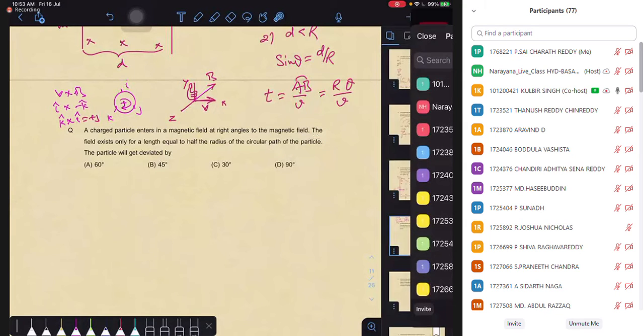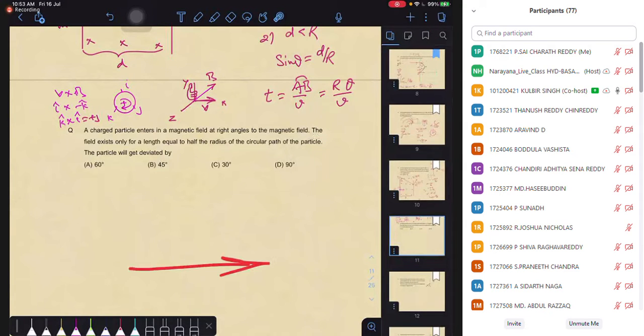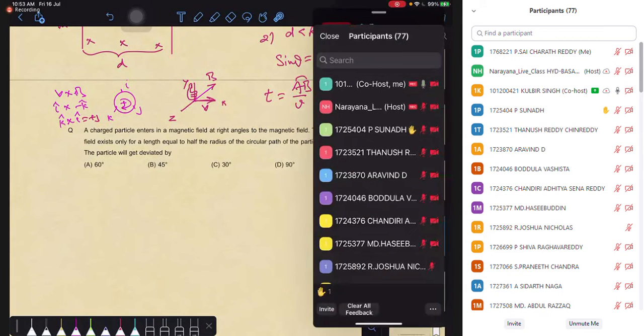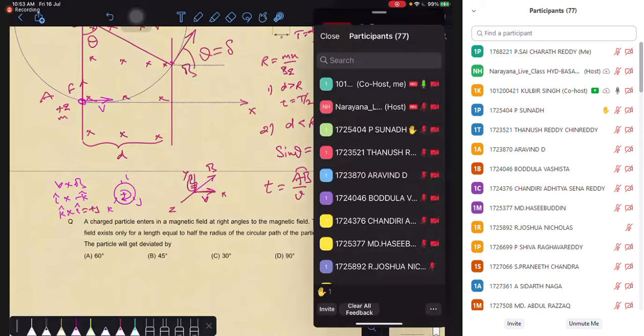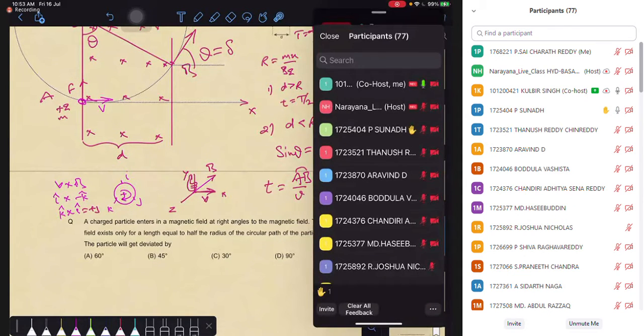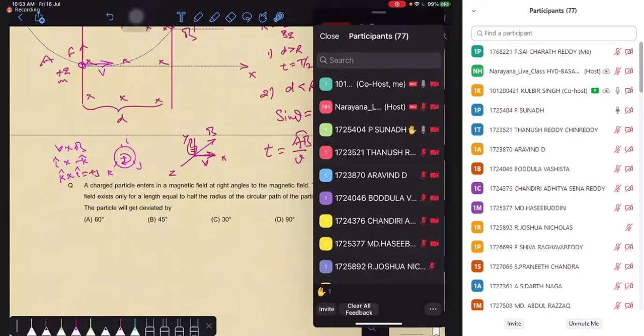Deviation means you are going in one direction and you come out in another direction. So the angle between the incoming and outgoing is called deviation. Based on the last problem, you can give me the answer quickly. Yes, Sunath. Sir, option C. Option C, 30 degree. Right.